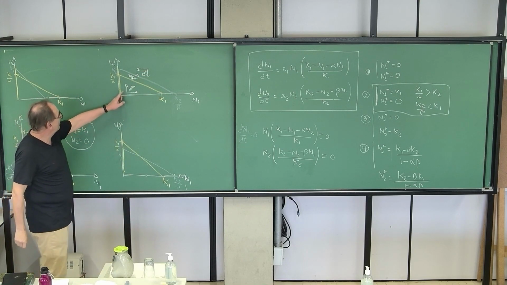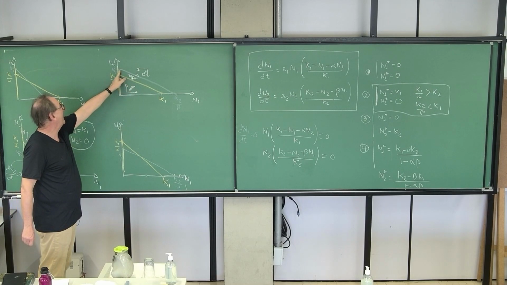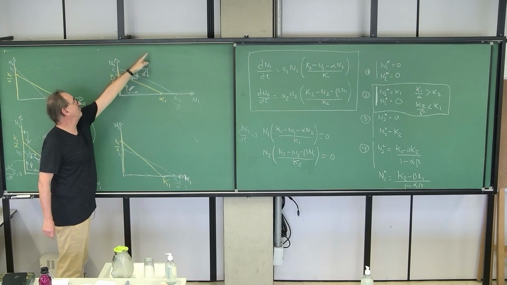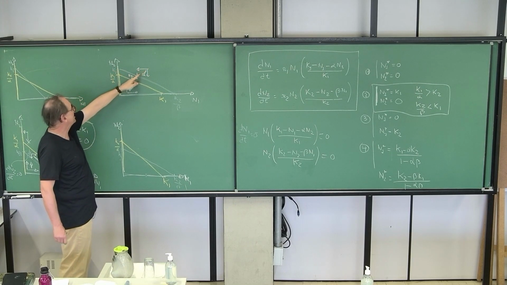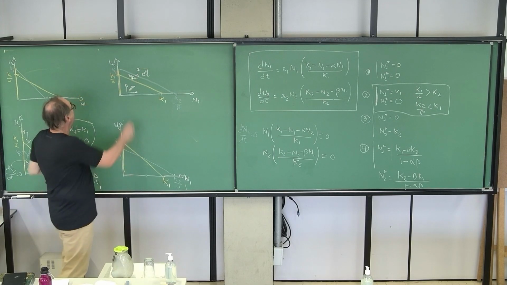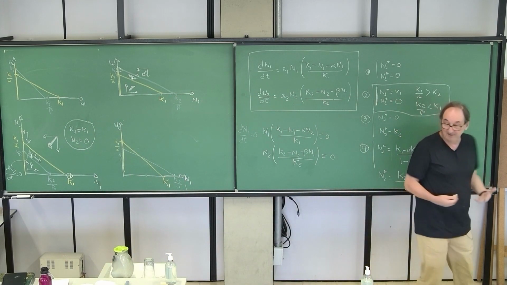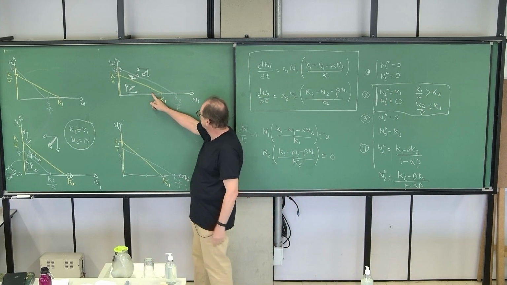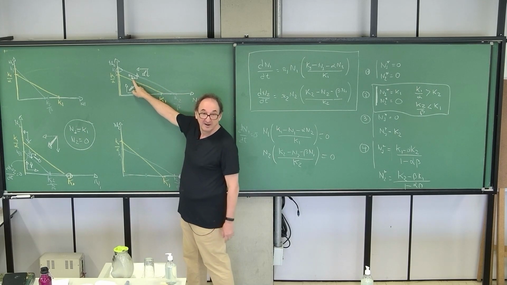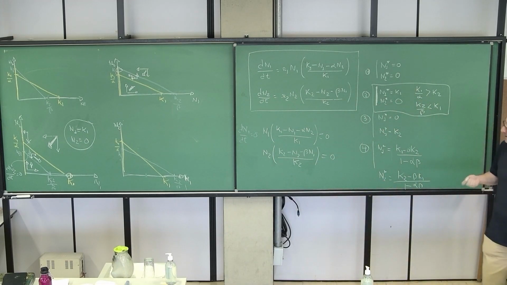So if I start here, I get to this point, then where do I go? I go to K2. And if I start here, I go directly, or maybe I will just cross this and then go this way. So at the end of the day, K2 is reached, even if I start near K1. If I start near K1, this will take me here, but here I would go there. So K1 is not viable.